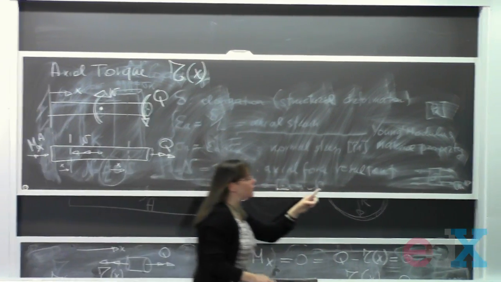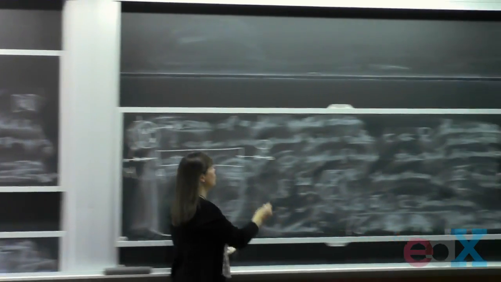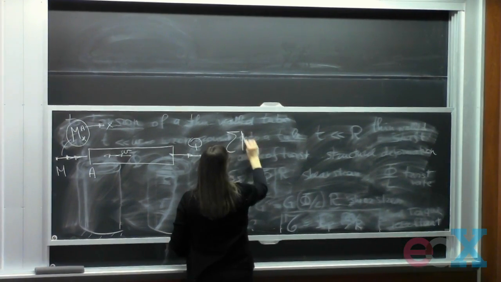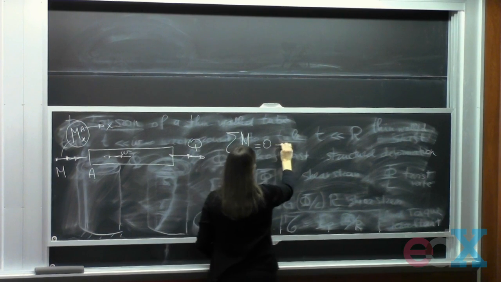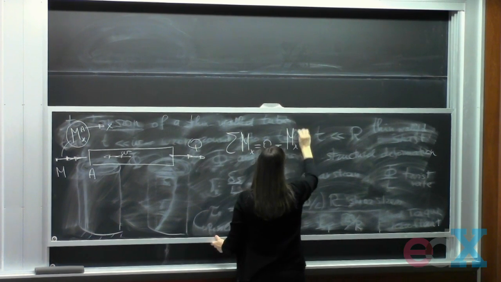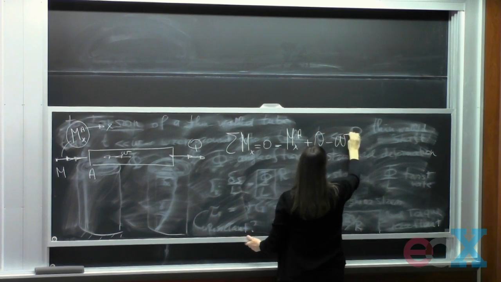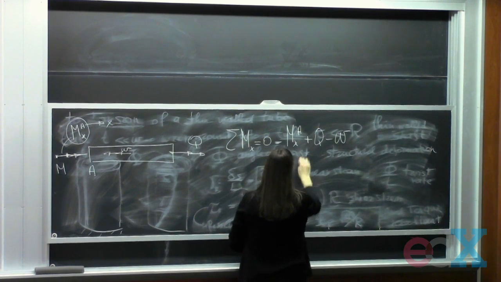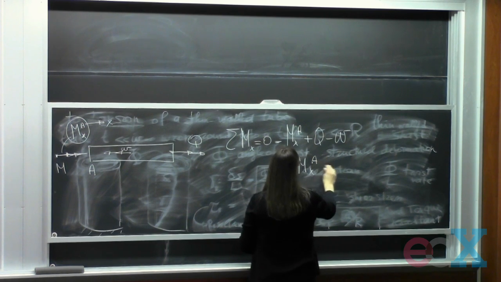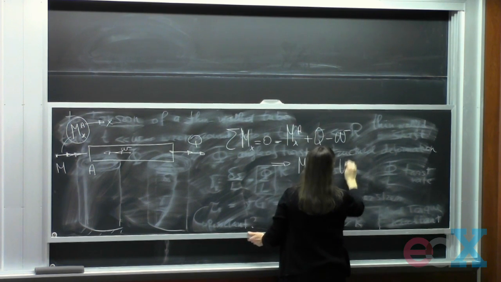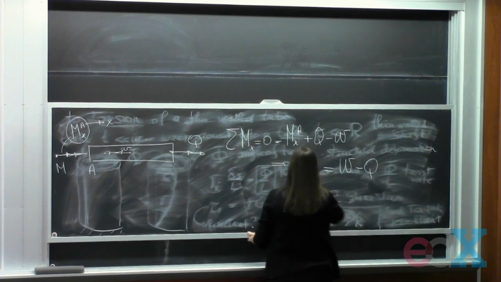And then to find it, I just do the same thing. I do sum of the moments in x equals 0, and that's equal to MxA plus Q minus W, from which I find that MxA is equal to W minus Q.